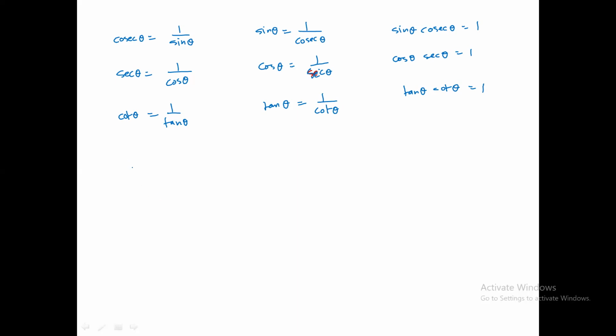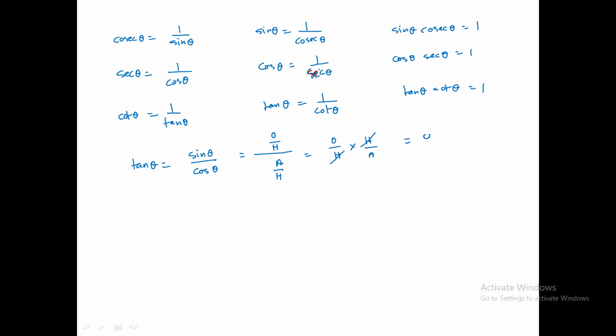Not only that, tan theta is sine theta by cos theta. Because sin theta is opposite by hypotenuse, and cos theta is adjacent by hypotenuse. So opposite by hypotenuse is multiplied by the reciprocal, hypotenuse by adjacent.